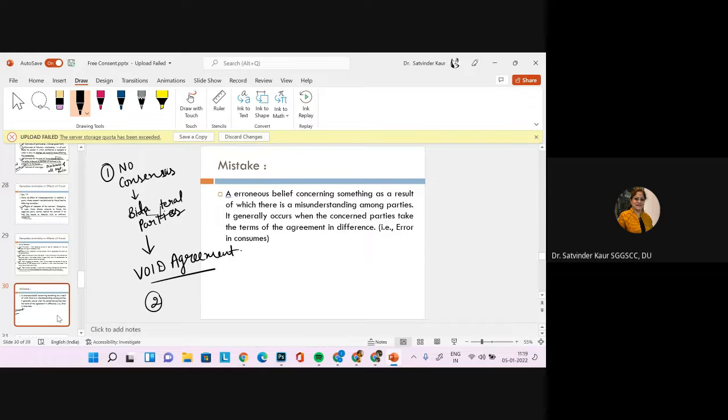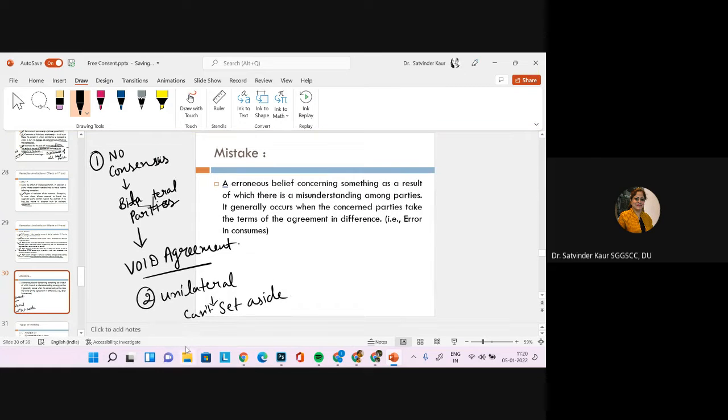But if there is a unilateral mistake, where only one party is mistaken, then in that case the contract cannot be set aside. In certain situations it is valid; the circumstances will decide the validity of the contract. So let me share a document with you.